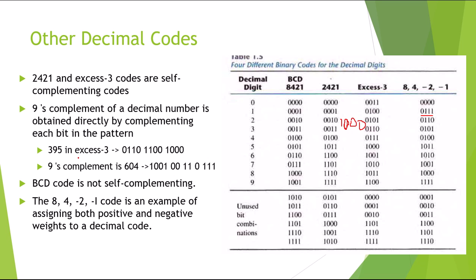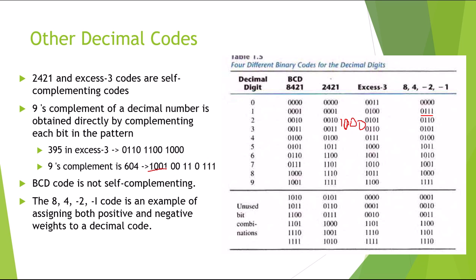Now 395, its 9's complement is 604. You can calculate it by subtracting 395 from 999, and I can obtain 604 by flipping these bits. That is, if I have 0110, I'll make it 1001. 1100 is 0011, and 1000 is 0111.